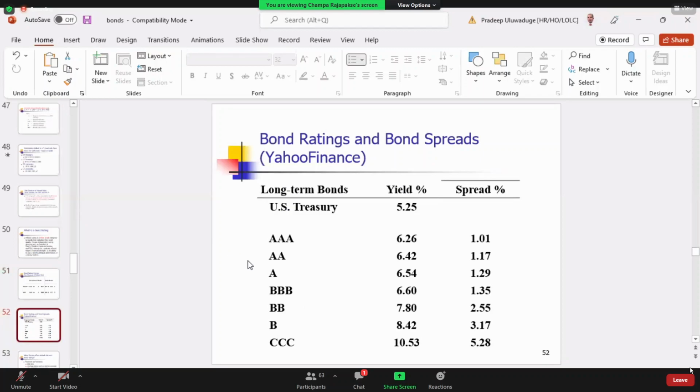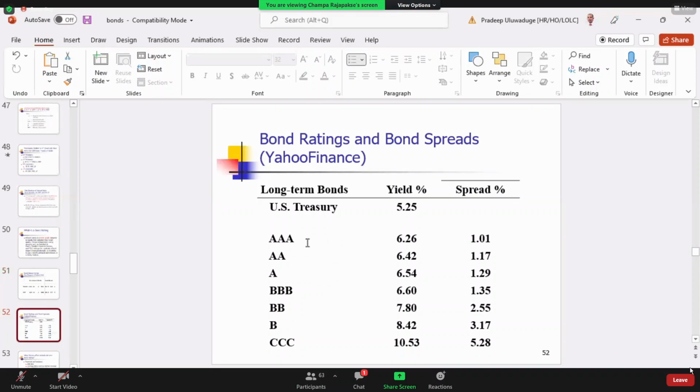Then, bond ratings and bond spreads. This is an example with data drawn from Yahoo Finance, long-term bonds and U.S. Treasury. U.S. Treasury bills pay 5.25, and we have calculated the spread, which is the difference between the corporate bond and the Treasury bond.